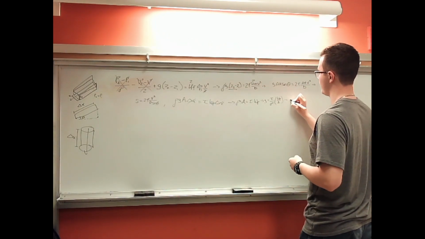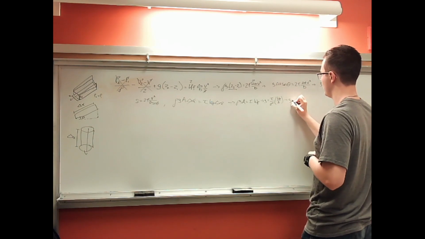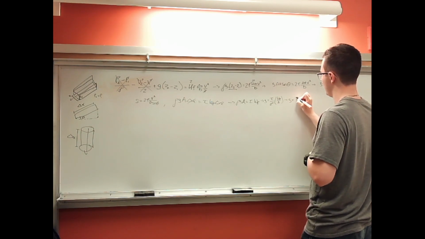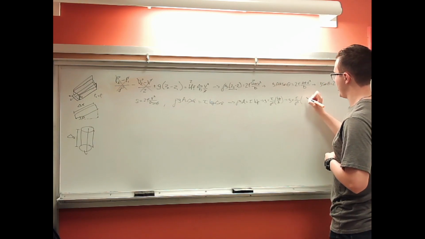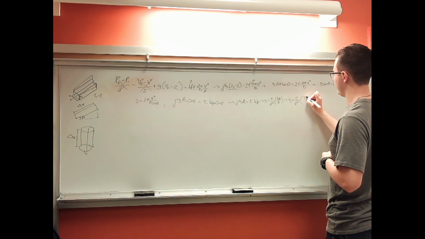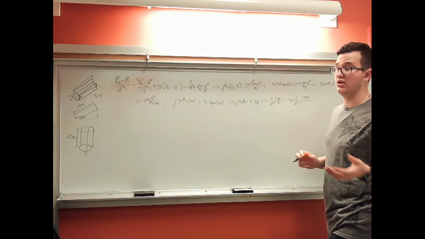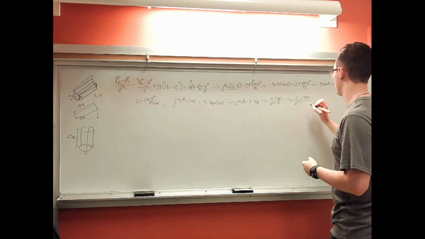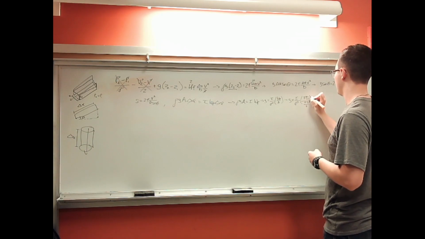So that goes to gravitational constant is equal to shear stress over density multiplied by pi times diameter divided by area, which is just the area of a circle, pi times diameter squared over 4.